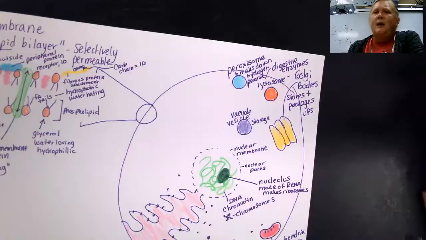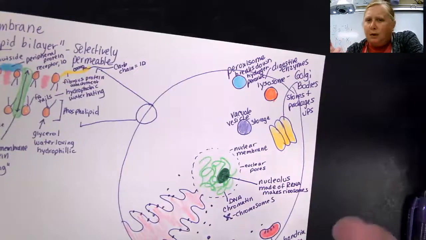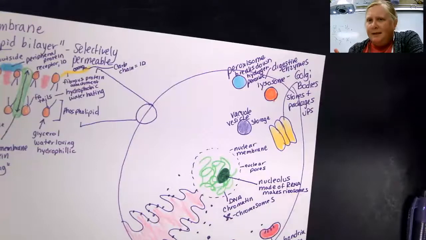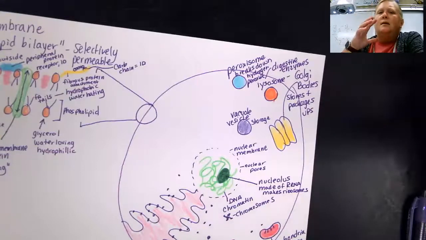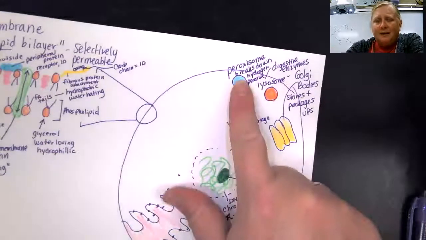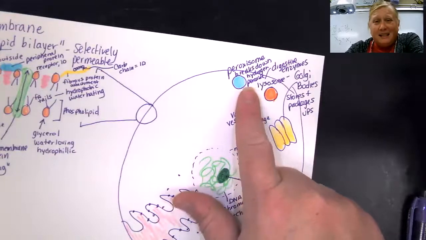Well, remember we use that for treating cuts, but you shouldn't just use it willy-nilly. When you use it, it not only kills the bad stuff that might be in a cut, but it also kills good stuff. Hydrogen peroxide is a byproduct of cellular metabolism, and that can actually kill the cell. So peroxisomes contain enzymes to break down hydrogen peroxide because it's toxic to the cell.